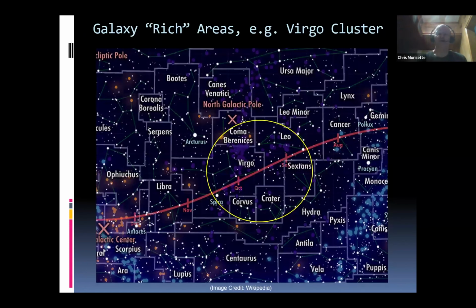But the other reason is when we're in that position, we're also looking out towards some very galaxy-rich areas, the Virgo cluster being probably the most prime example of that. So there are a ton of galaxies right here and over here in Leo, and just generally in this part of the sky.